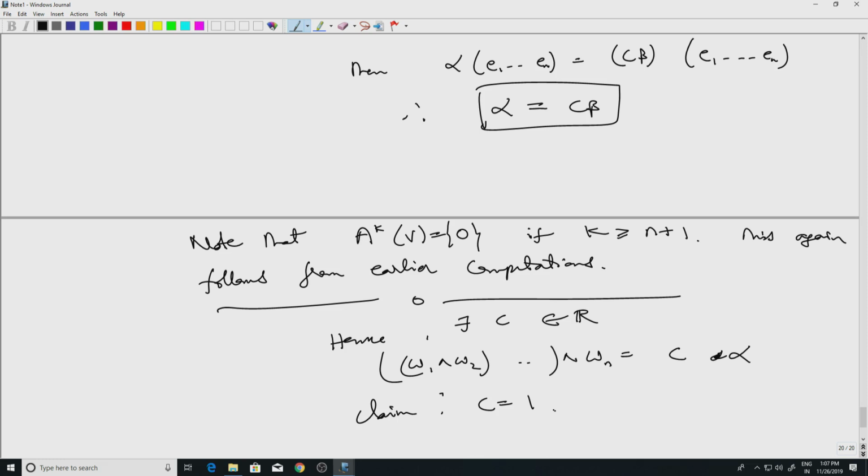And again, to see this, you just evaluate both sides on the standard basis vectors.